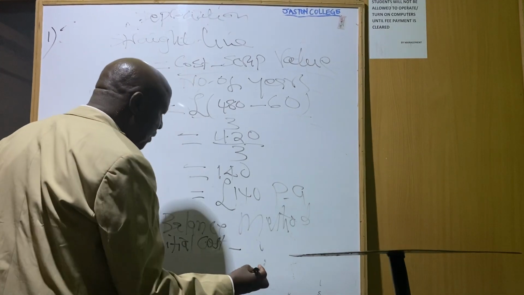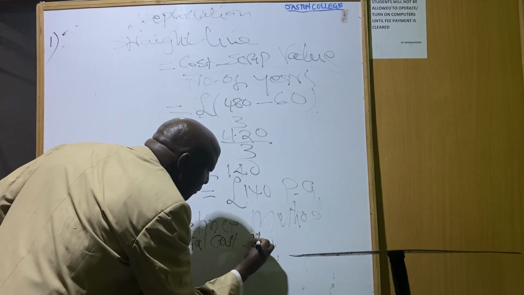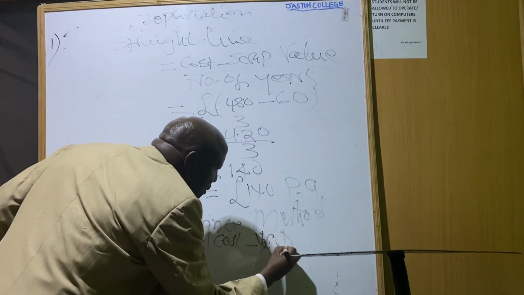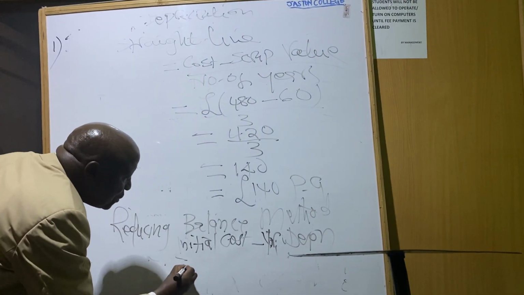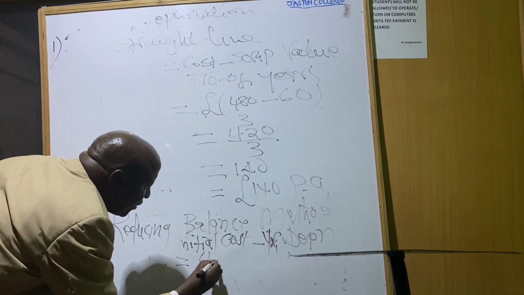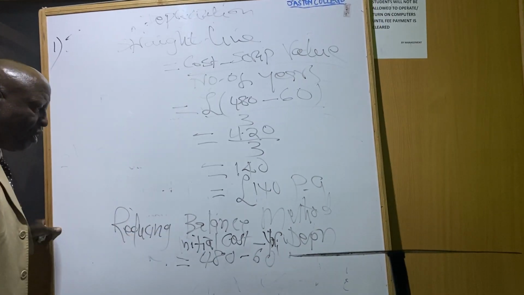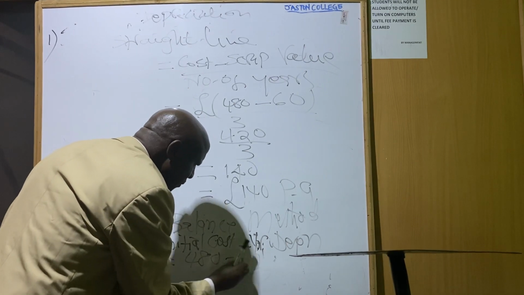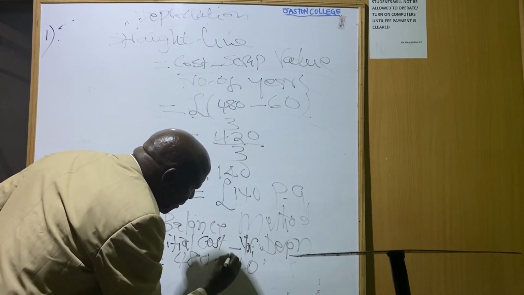So let's see, year 1 depreciation. In our case we say 480 minus 140, 340.